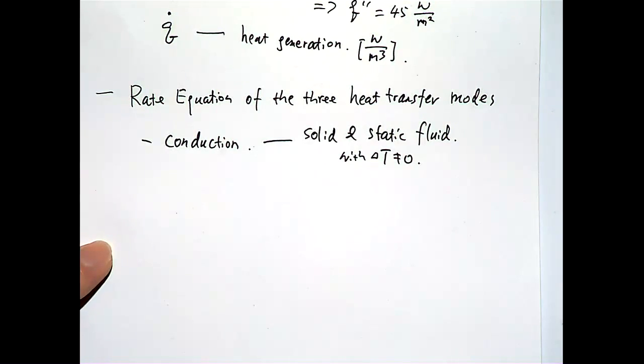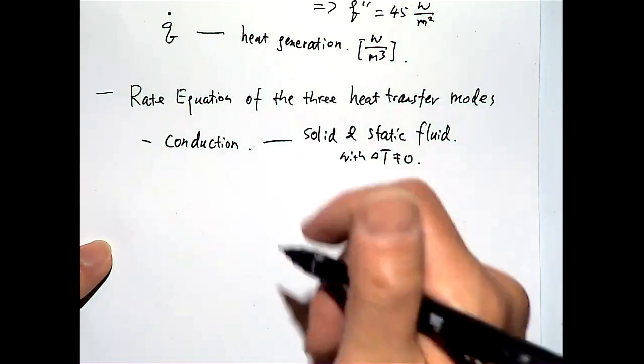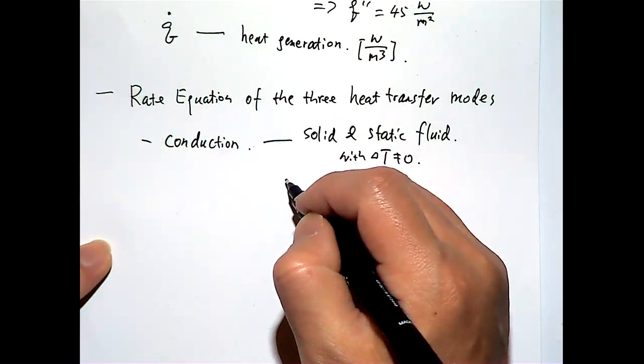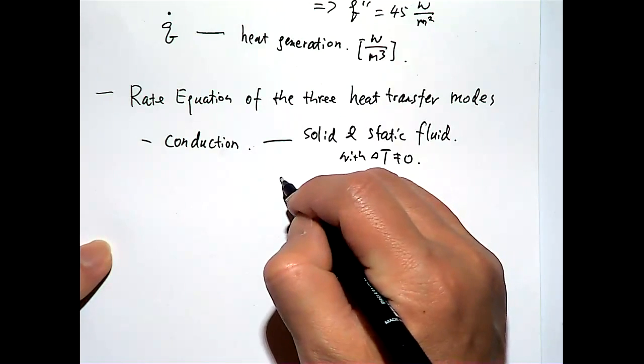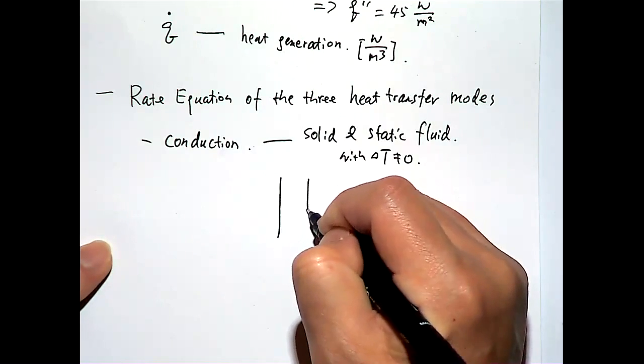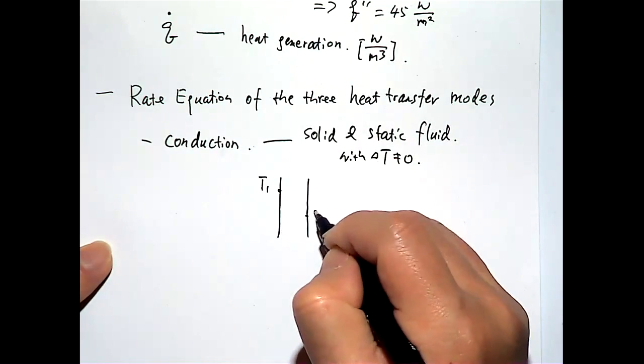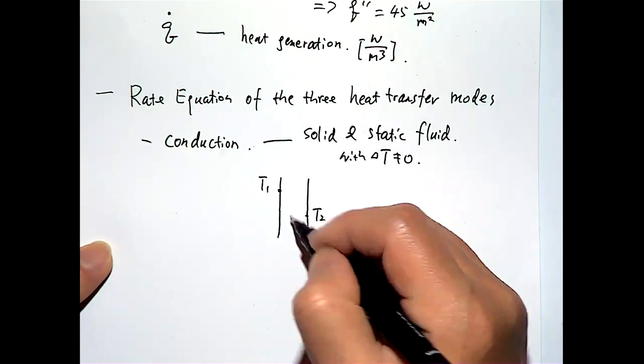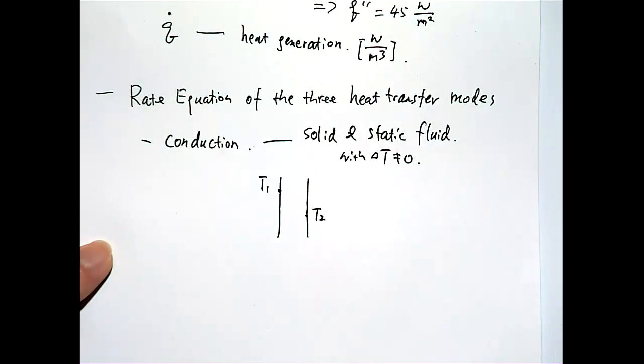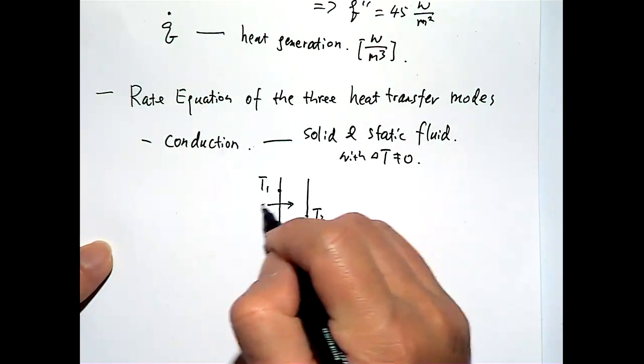So the simplest case, or simplest schematic, we can draw here would be the one we drew before. You have a T1 there and a T2 there. Let's say this is a solid wall. Then the heat will transfer going this way.